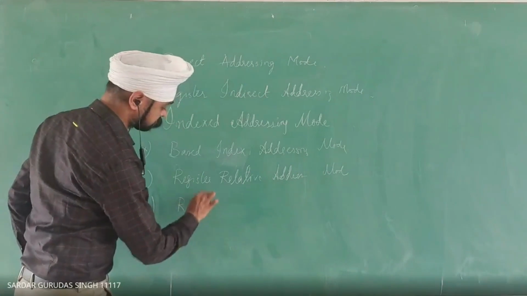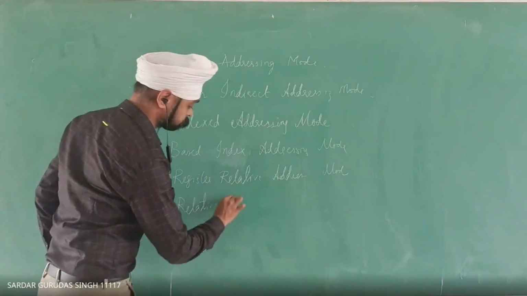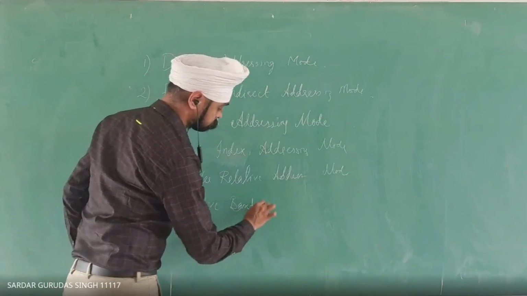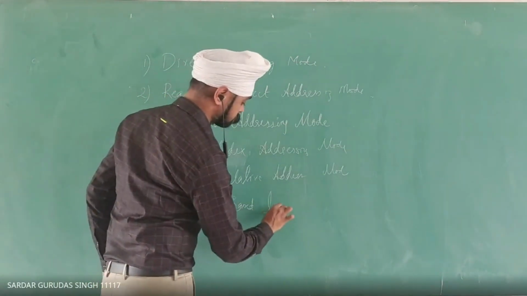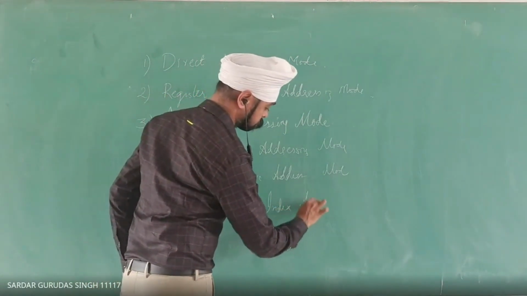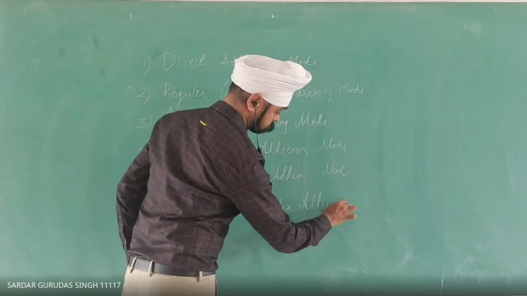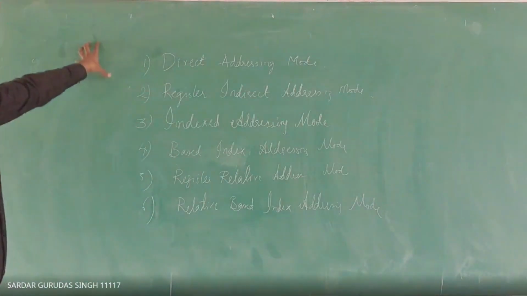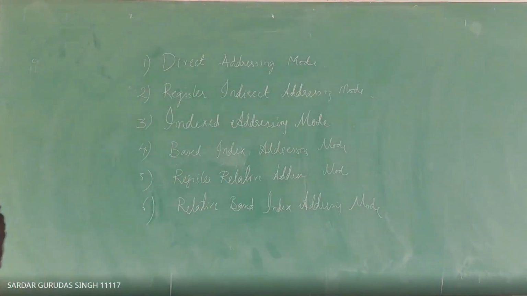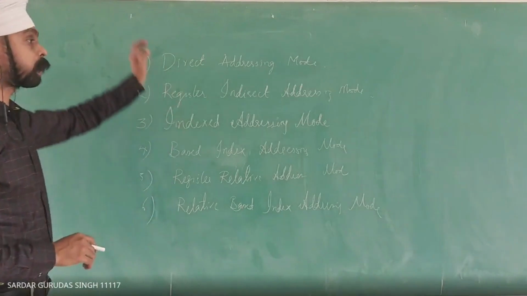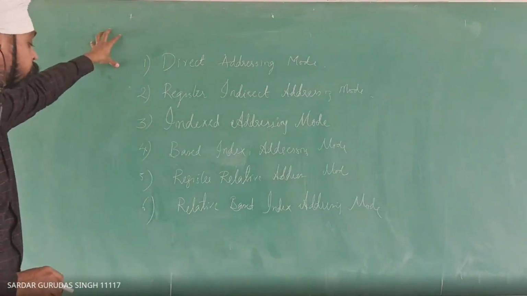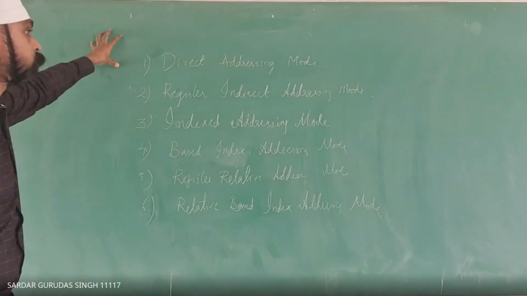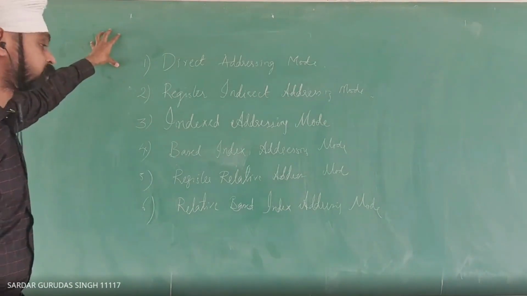The last one is relative index. So these are the types of addressing modes that are used to access the operands that are located in the memory. So these are the 6 types of addressing modes that we will use.